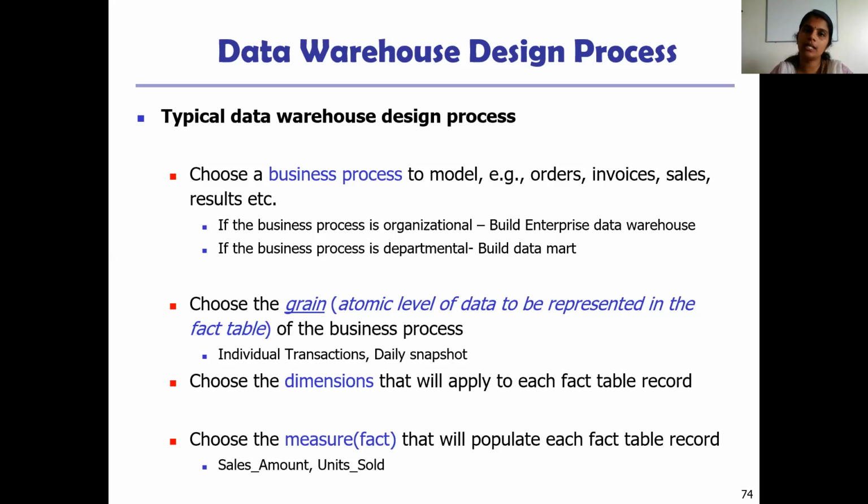The third point is choosing the dimensions. Once we have chosen the grain, you have to define the dimensions that describe the data. Now the fourth thing is to select the facts that connect these dimensions. So this is the data warehouse design process.